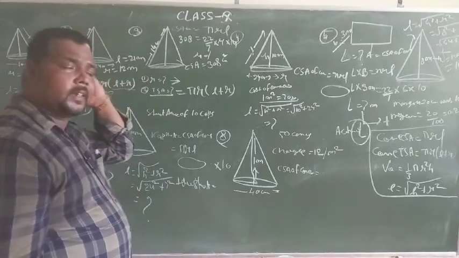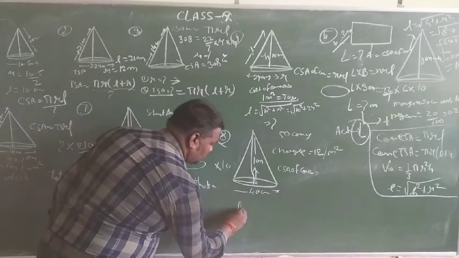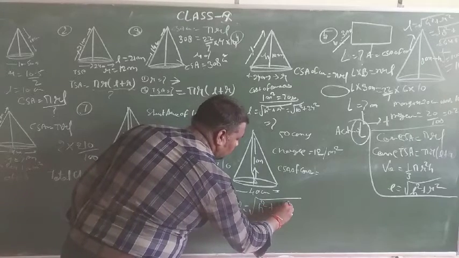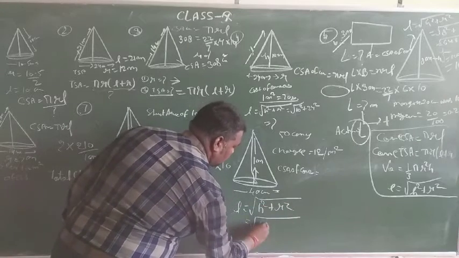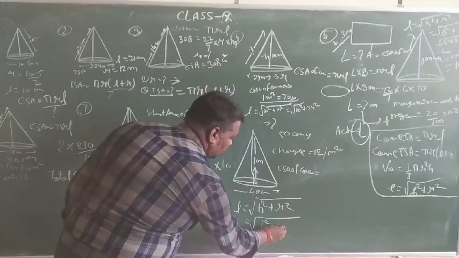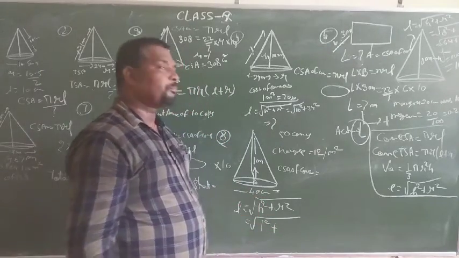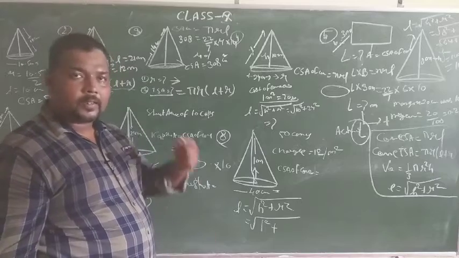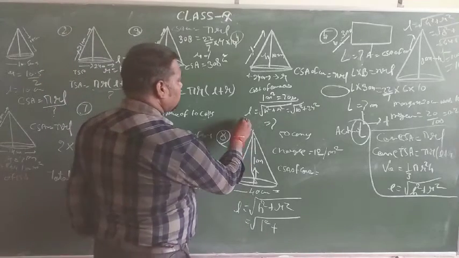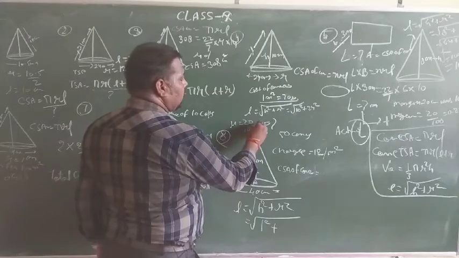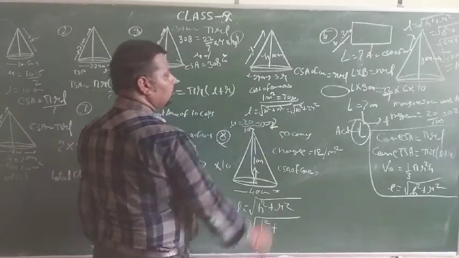How can we find the CSA of cone? At first you find the slant height, square root of h square plus r square. The value of h is 1, and the diameter is 40 centimeter. So the radius is 20 centimeter. Convert into meter, so 0.2.